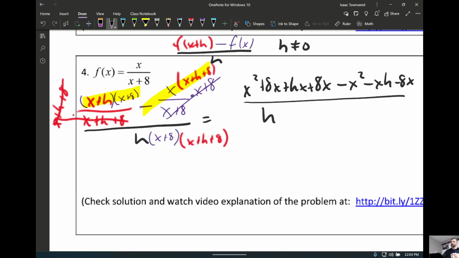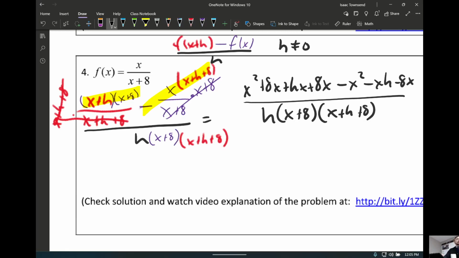And my denominator has the h that's been there the whole time, the x plus h that I had to multiply everything by, and the x plus 8, h plus 8 that I had to multiply everything by. So at the end of that, basically I just multiplied everything by the smaller denominators so that it goes from being a complex fraction to not being a complex fraction.